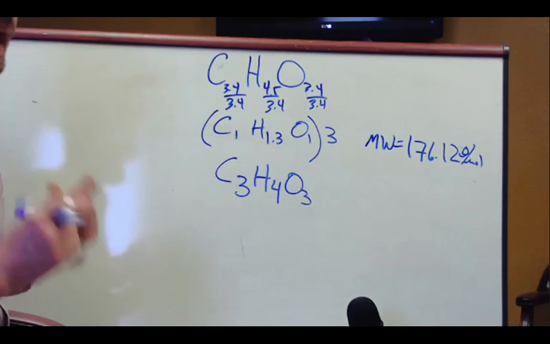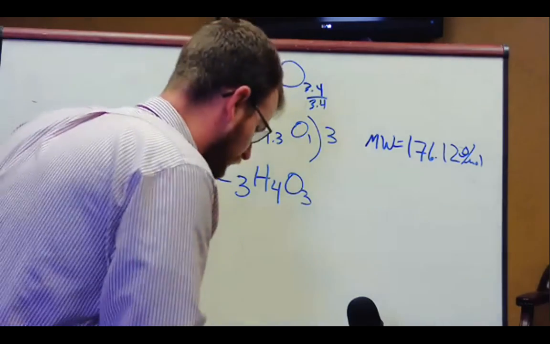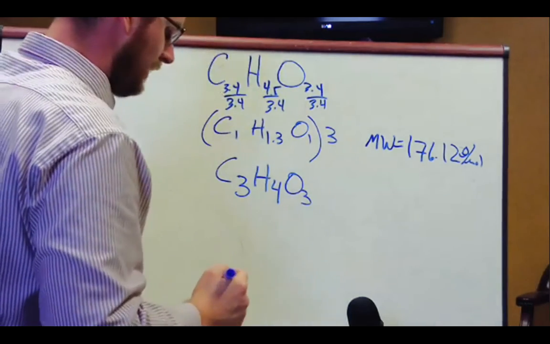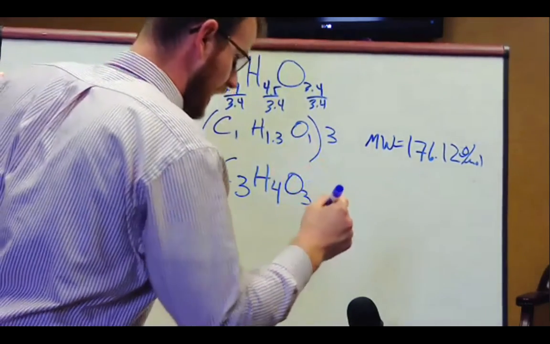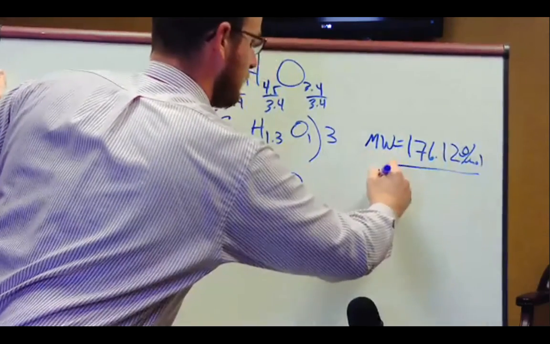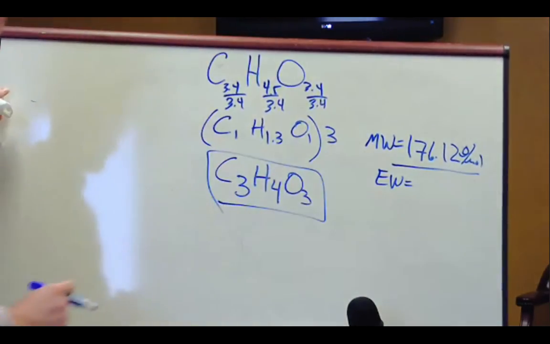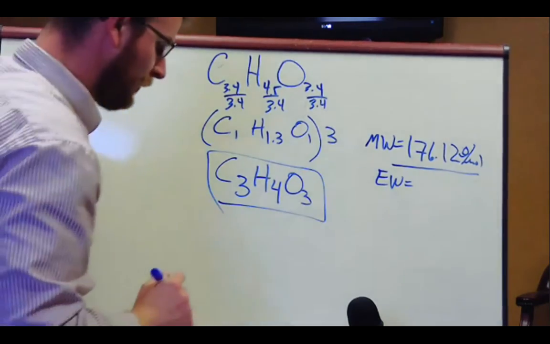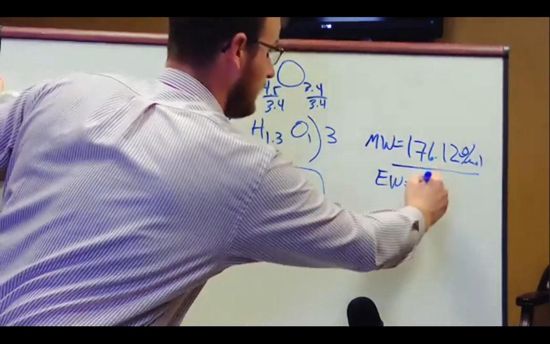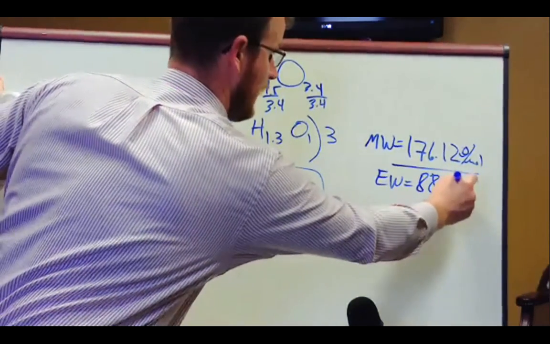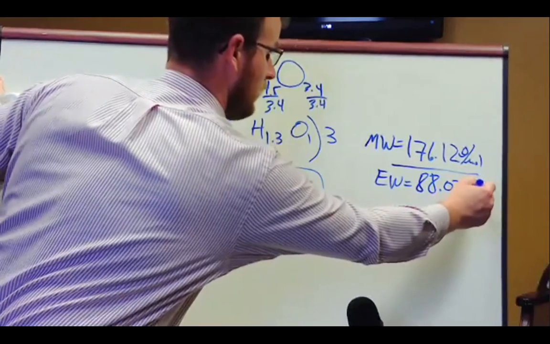So the way we calculate the molecular formula is we take the molecular weight and we divide it by the empirical weight. The empirical weight is the weight of this thing over here. When we calculate it, it's 88.07 grams per mole.